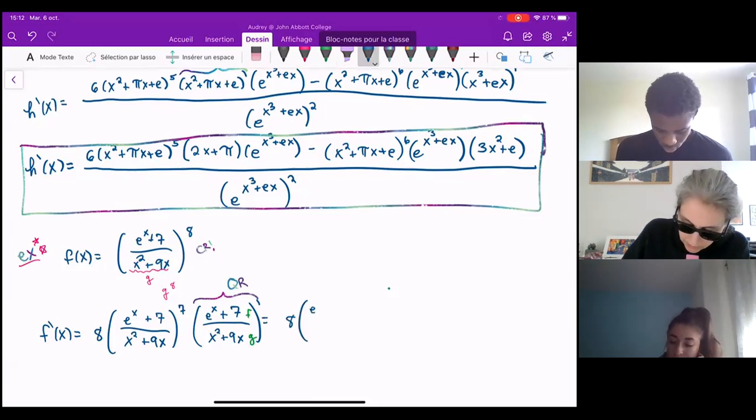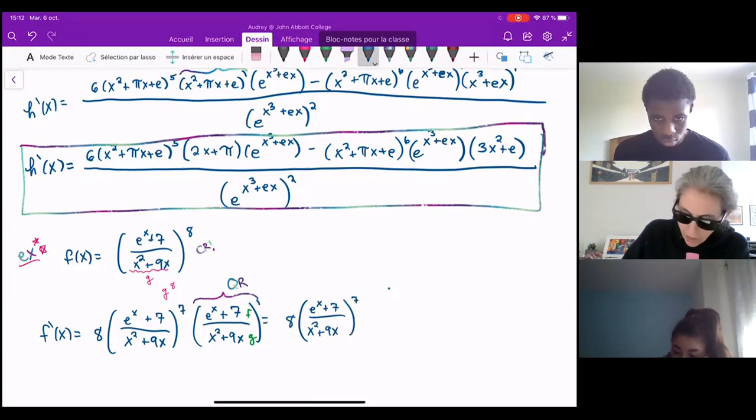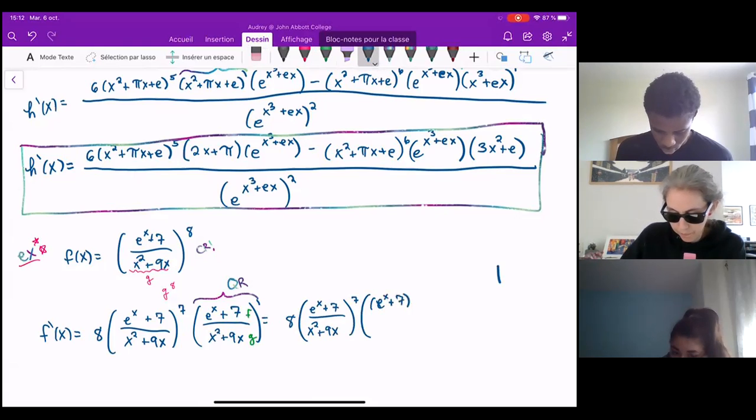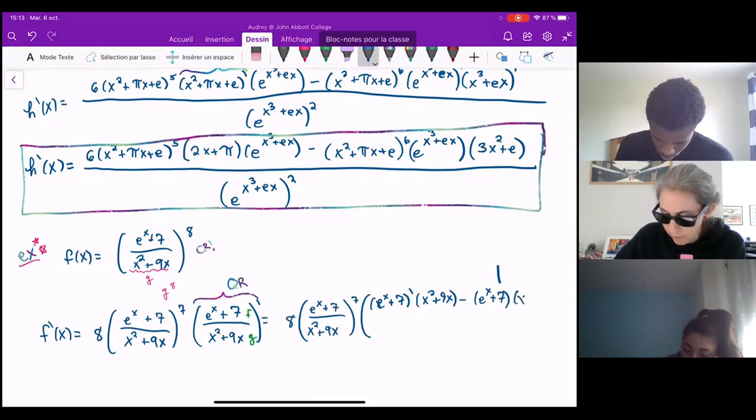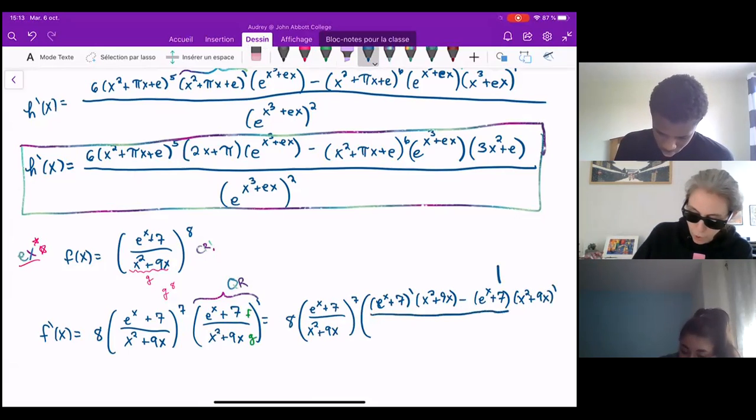I don't touch what's inside, to the 7. And then my quotient rule is going to go in these parentheses on the outside. The derivative of the top times the bottom minus the top times the derivative of the bottom, all over the bottom squared.